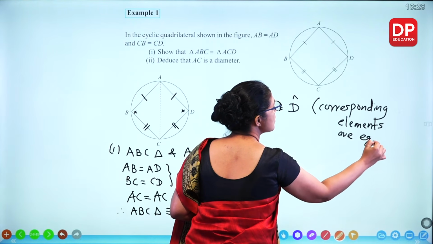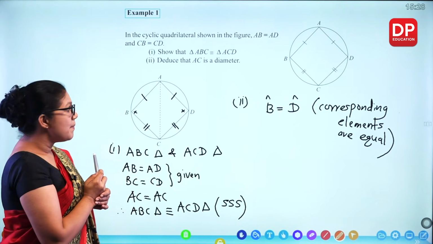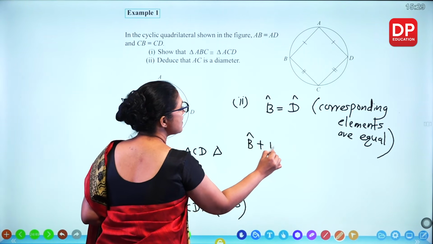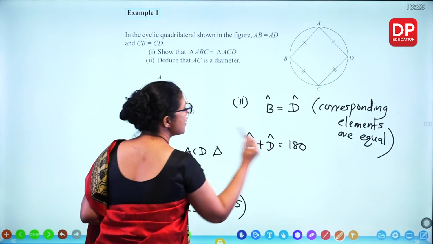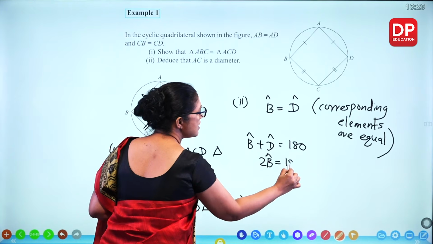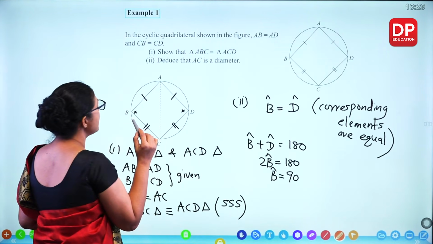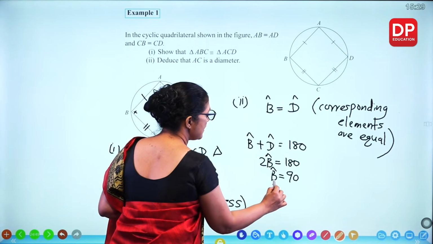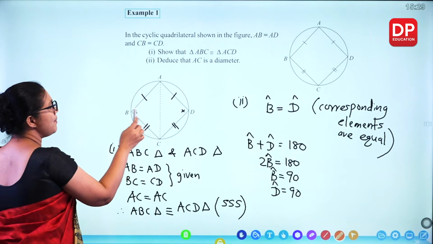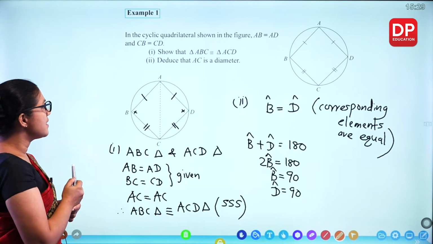Those are equal, corresponding elements are equal. But we know when you take ABCD cyclic quadrilateral, B plus D is 180, supplementary. So we can write 2B equals 180, B angle is 90 degrees as well as D angle is 90 degrees. So if this is the diameter, you get semicircle angles are 90 degrees.